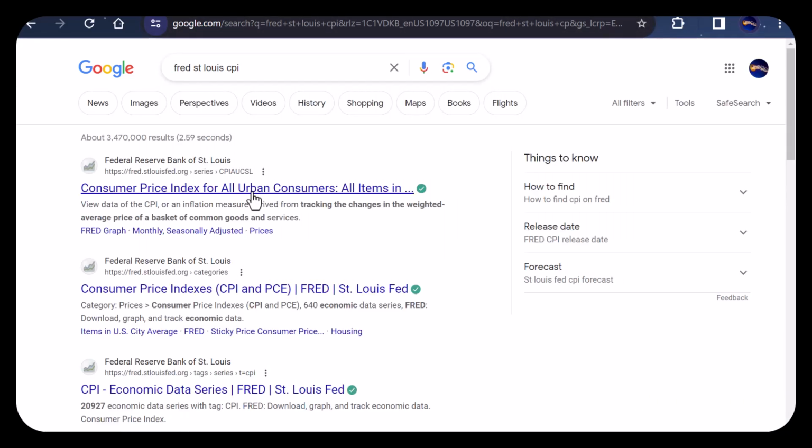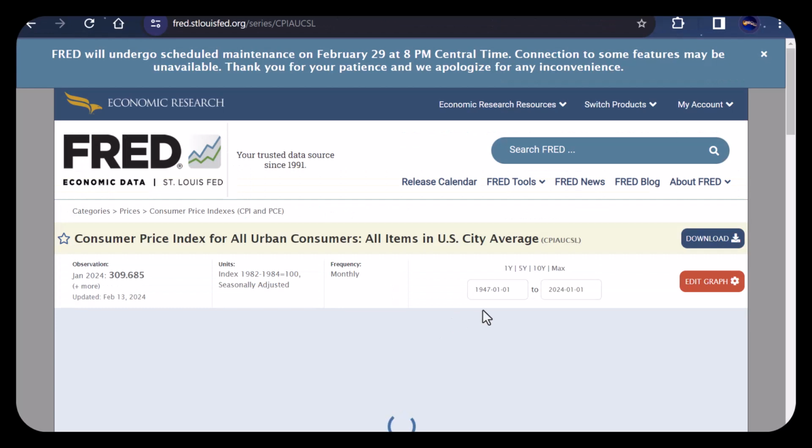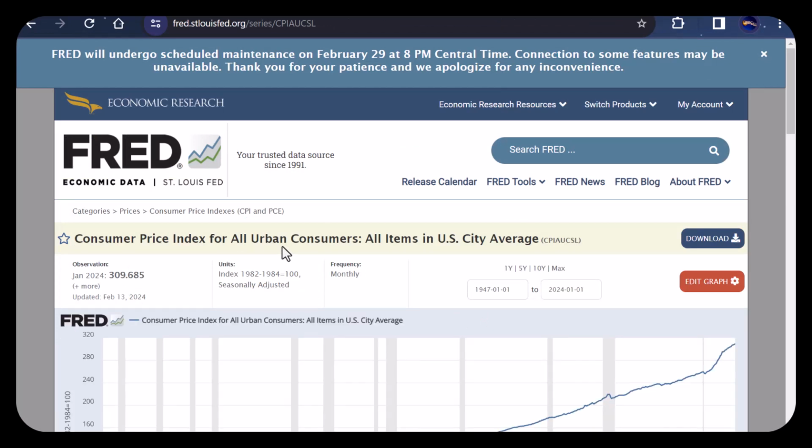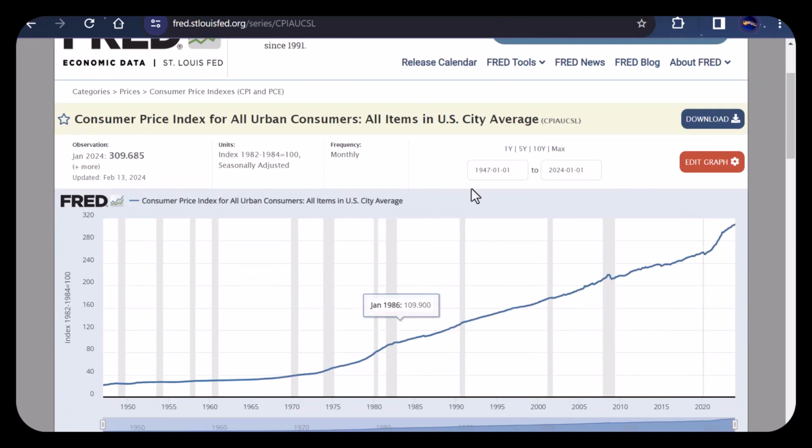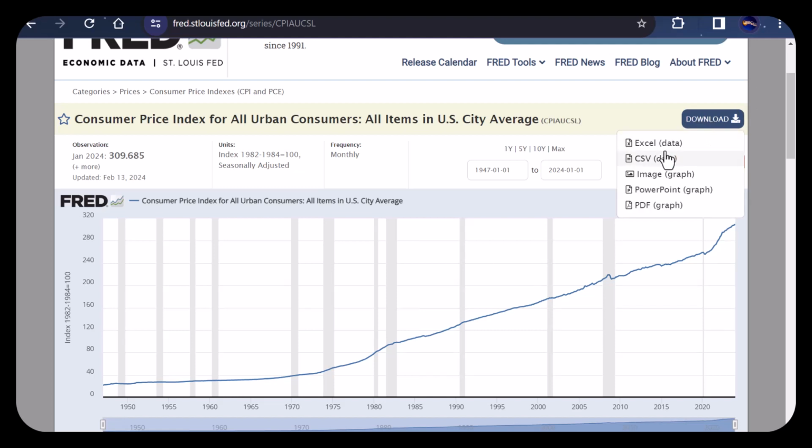This is the index they use, Consumer Price Index for all urban consumers, all items in the US average. I'm going to download this. It's available since 1947, to an Excel file.